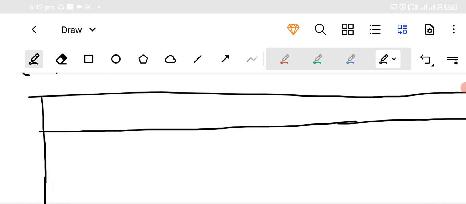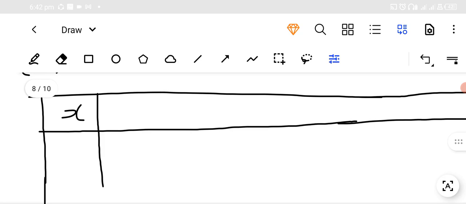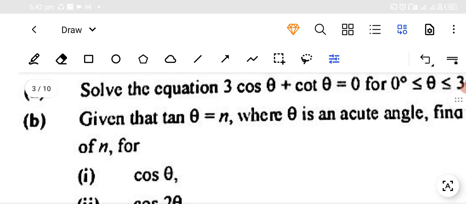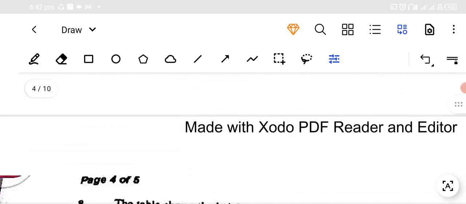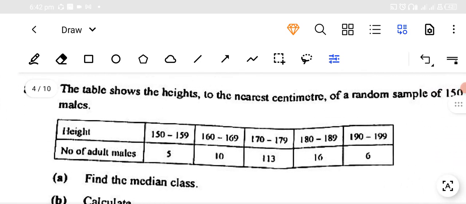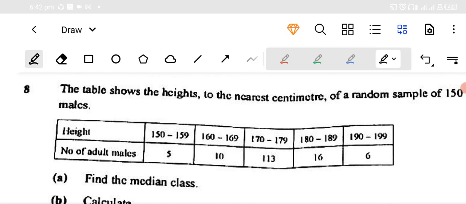So let's start with the values of x. Now we'll say x. These represent the frequencies. Then the others, what is above, represents values of x. We need to take the midpoint. So the midpoint will be 150 plus 159 divided by 2, 154.5.